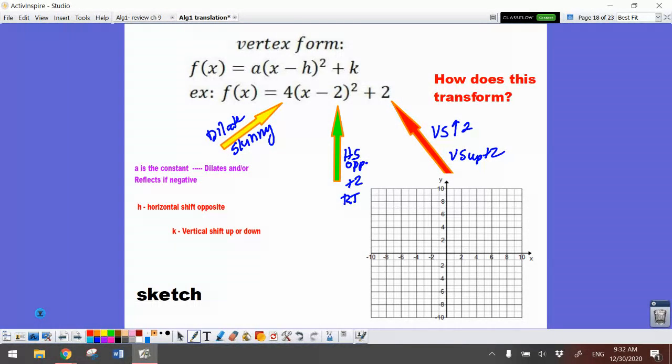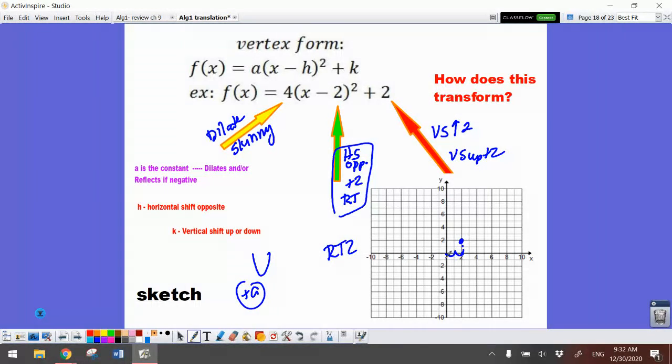So that tells me kind of a quick sketch of what this is going to look like. So first of all, I know it's a smile because A is positive. Okay, there's no reflection here. So it's going to be a smile. So then to be able to identify my vertex, I'm going to start at 0, 0, and I'm going to do the motion. I'm going to go right 2, and I'm going to go up 2.